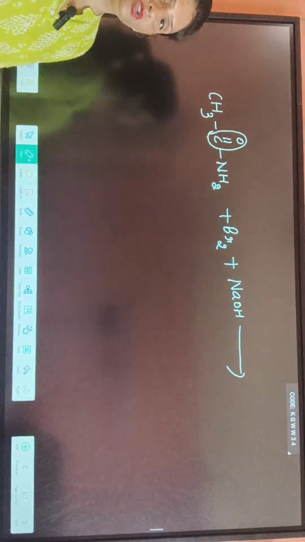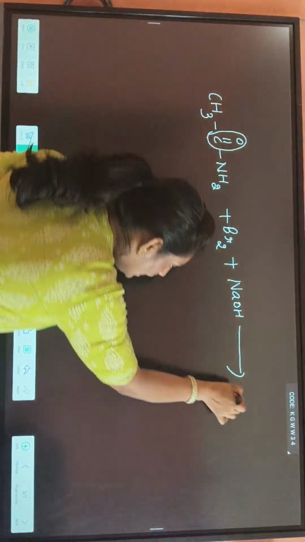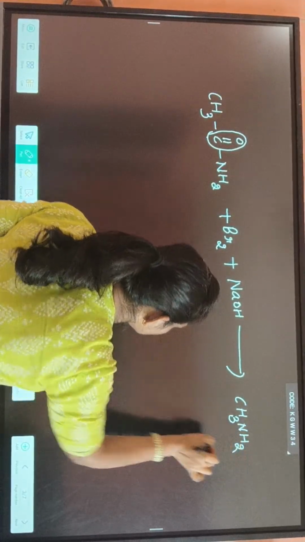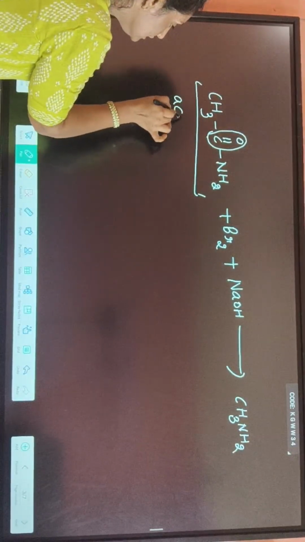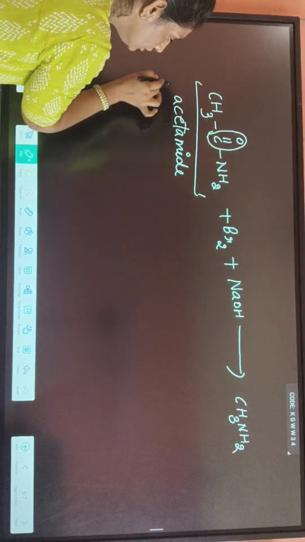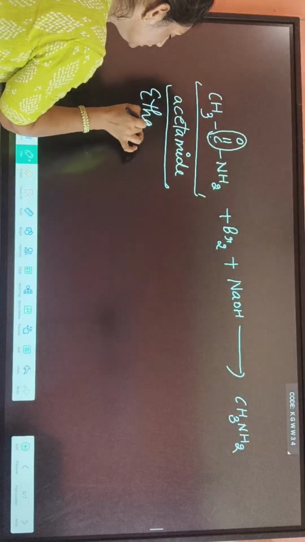By trick, you will remove this group only and you will get CH3NH2. So here you are having acetamide, or you can say ethanamide, because there are 2 carbons.